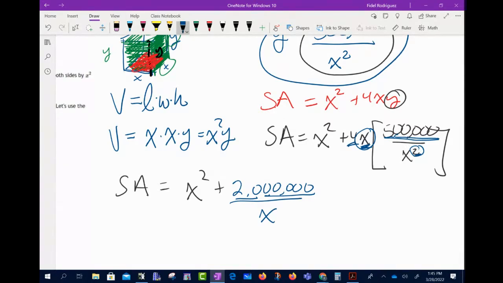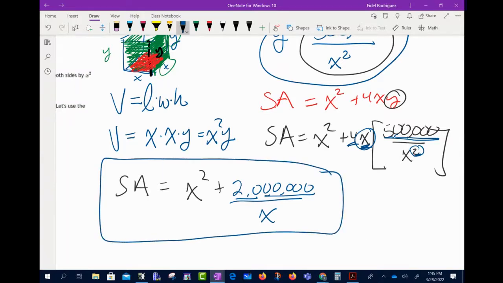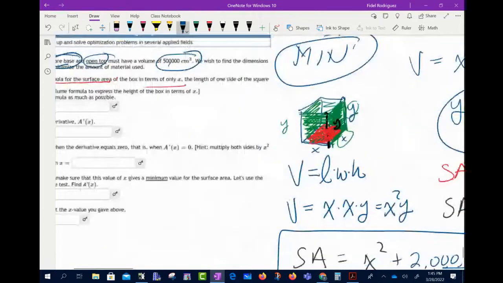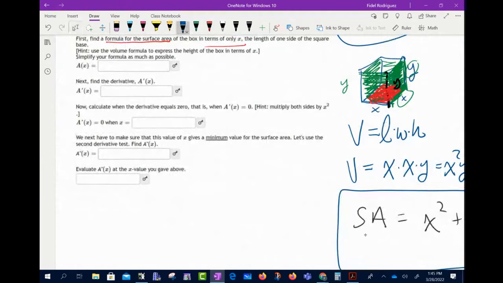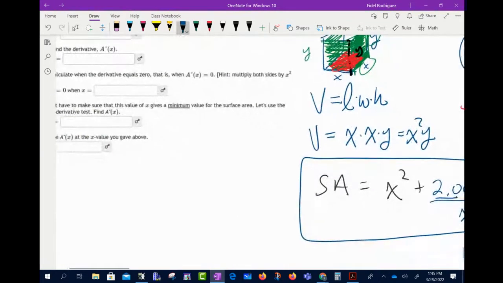All right, so now look, I found a formula for my surface area right here, okay? I'm going to come back to the problem, and I want you to notice what they told me to do. Can we write a formula using only terms of x? Yes, we did. It's right here.